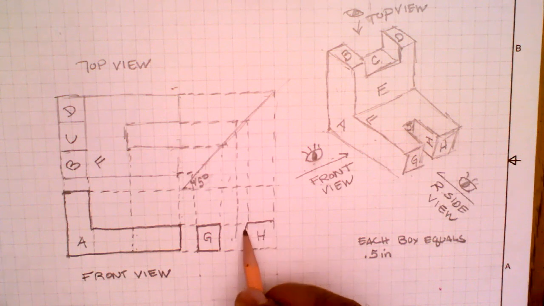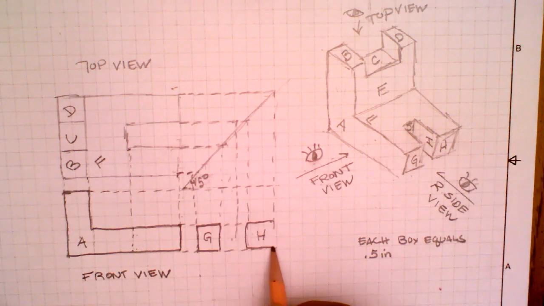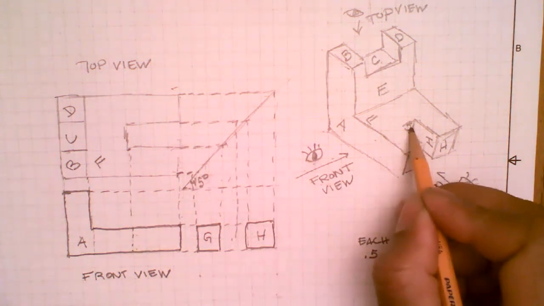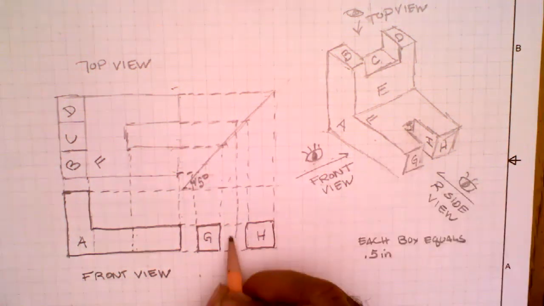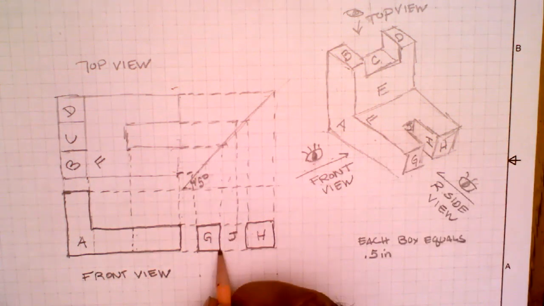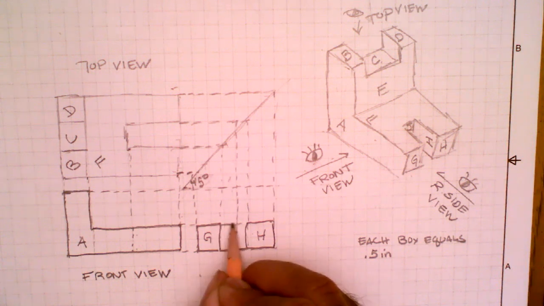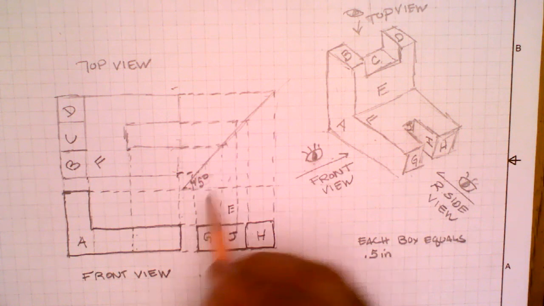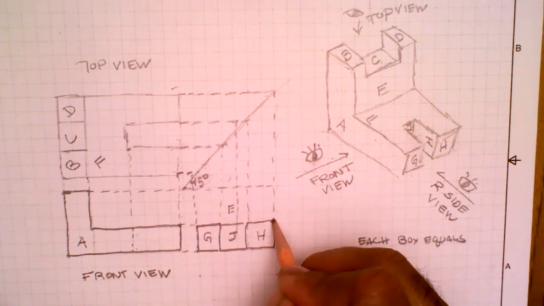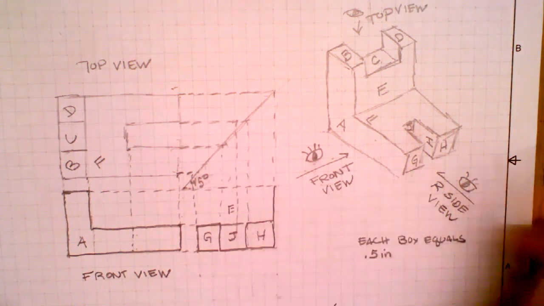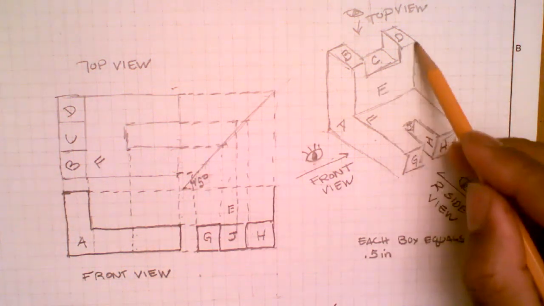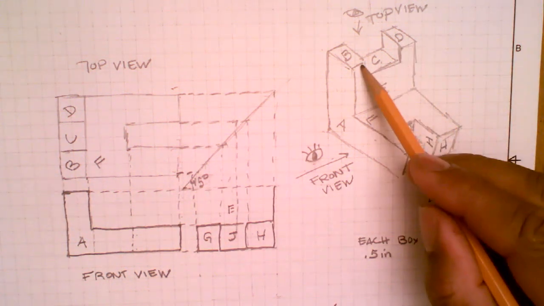I'm going to box in surface G. There's a J existing right here in the middle. Put surface J in the middle. There's a surface E right here. So surface E, now we have to look at our view and say, okay, surface E consists of this little kind of U shape.